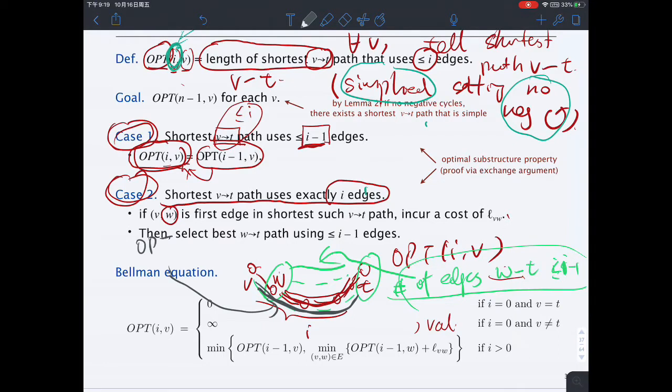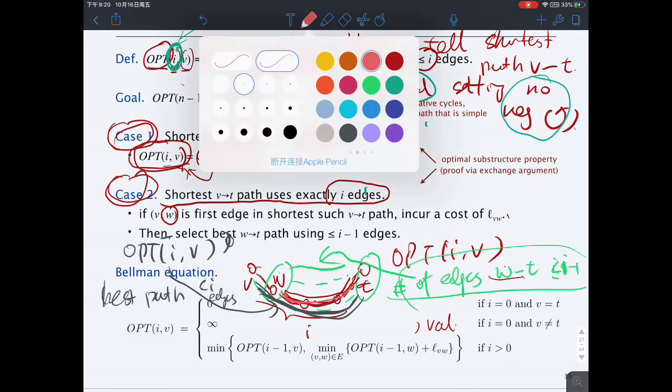If I look at the subpath, imagine that this path is the optimum path for opt i of v. Basically that means this path is among the best paths with at most i edges.